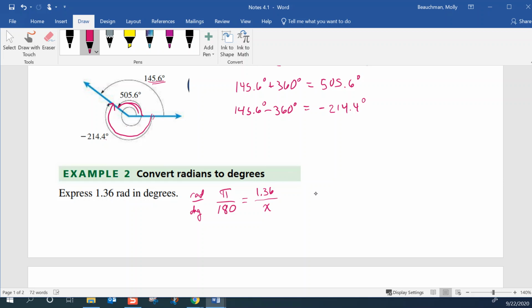Cross multiply, we get pi times x is equal to 180 times 1.36. Divide both sides by pi. Put the expression in a calculator, and I'm doing that real quick.